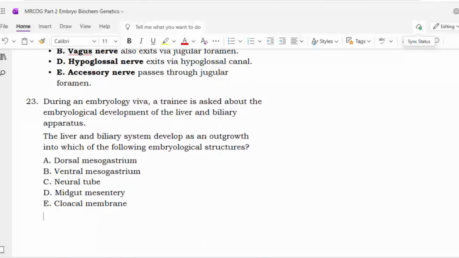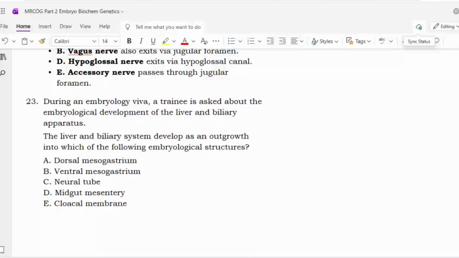During an embryology viva, a trainee is asked about the embryological development of the liver and the biliary apparatus. The liver and biliary system develops as an outgrowth into which of the following embryological structures: dorsal mesogastrium, ventral mesogastrium, neural tube, midgut mesentery, cloacal membrane.